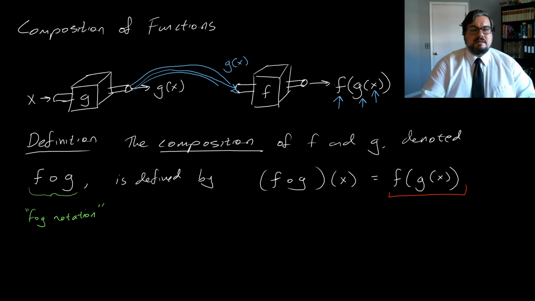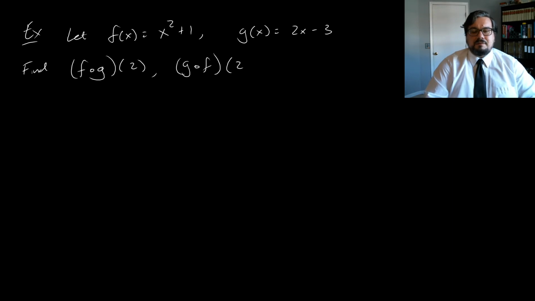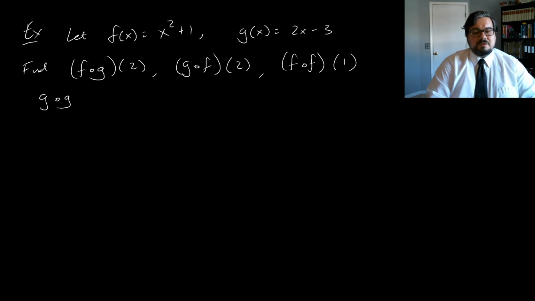So let's do some examples with this. Let f of x be x squared plus 1 and g of x be 2x minus 3. Let's find f composed with g of 2, g composed with f of 2, f composed with f of 1, and g composed with g of 0.